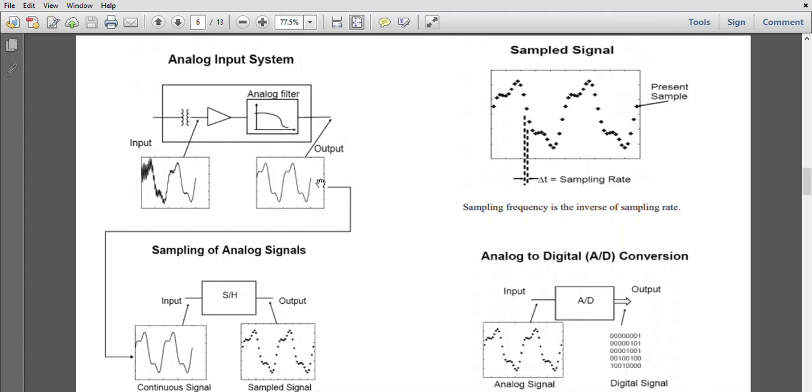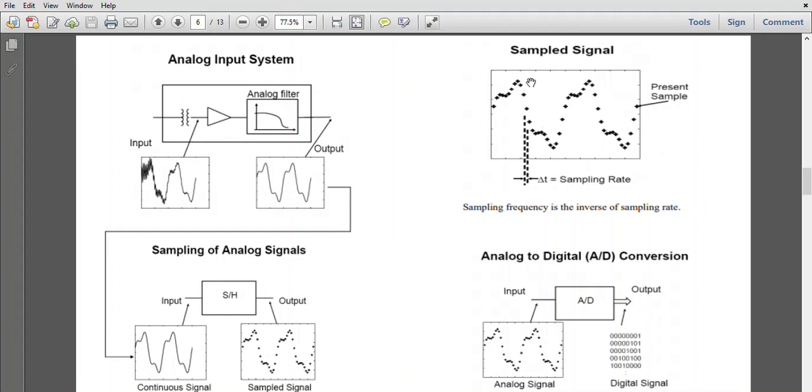This filtered signal is then fed to the sample and hold system so as to get the sample signals. So this is our continuous signal which is then converted into the sample signals.